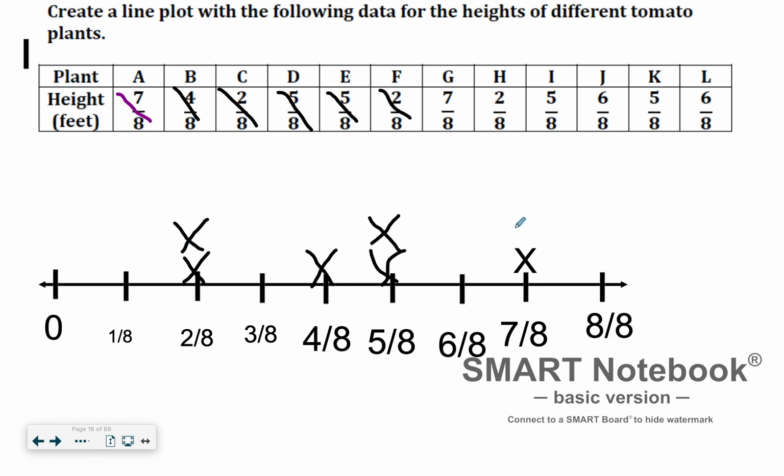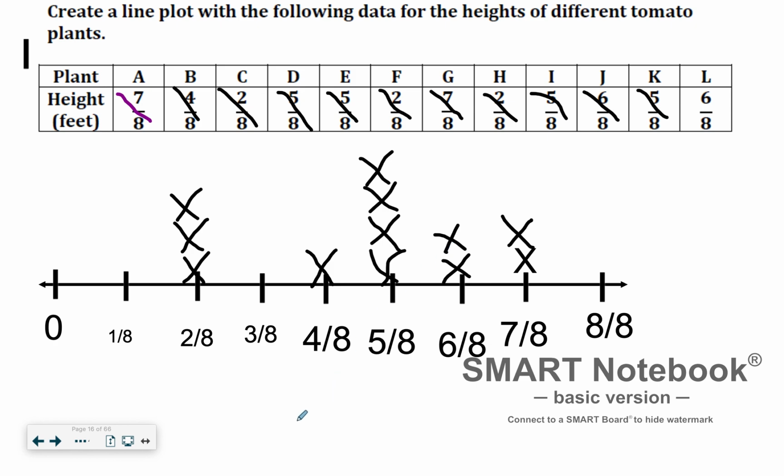Plant G is 7/8 feet. Plant H is 2/8 feet. Plant I is 5/8 feet. Plant J is 6/8 feet. Plant K is 5/8 feet. And plant L is 6/8.